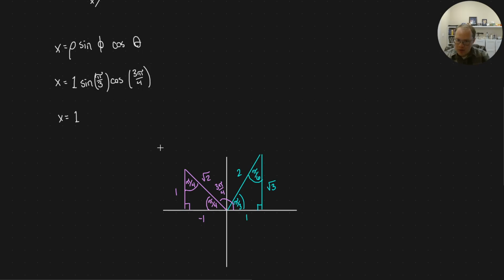Sine of pi over 3, that'd be this first triangle right here. Sine of pi over 3, that's opposite over hypotenuse, that's root 3 over 2. And then cosine of 3 pi over 4. 3 pi over 4 is this triangle right here. Cosine is adjacent over hypotenuse, negative 1 over root 2.